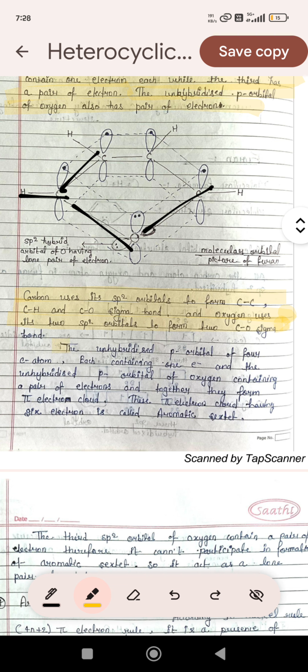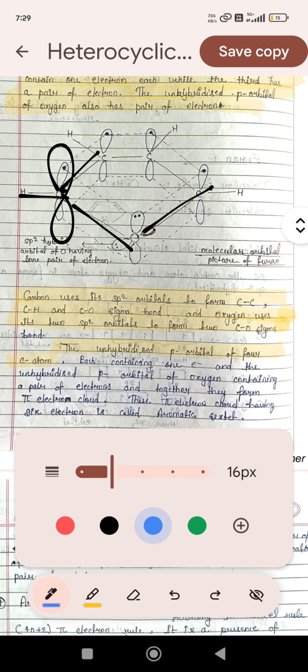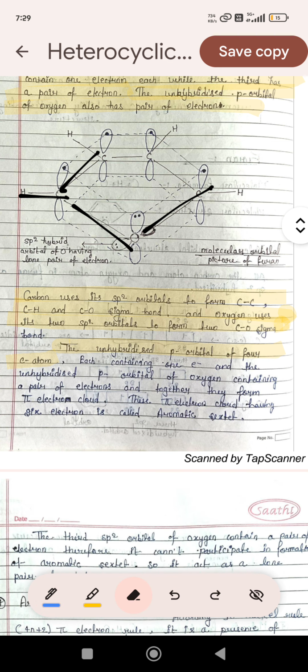Next, the unhybridized p orbitals of the 4 carbon atoms, each containing a single electron. This is the single electron.